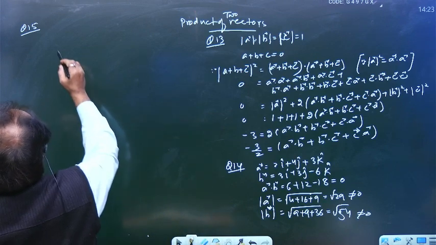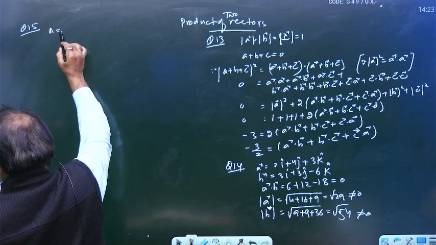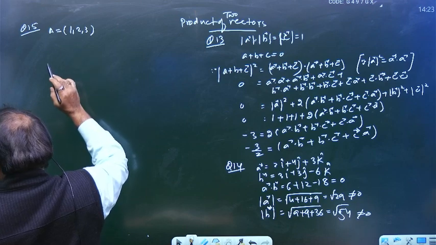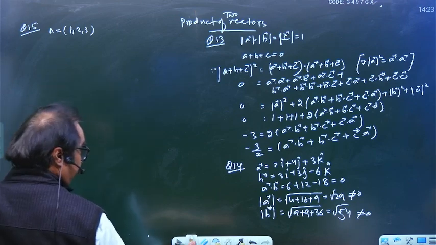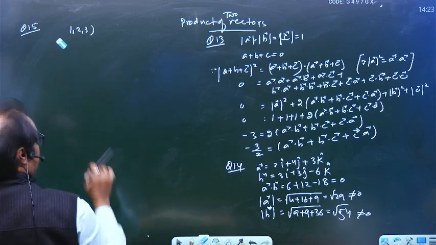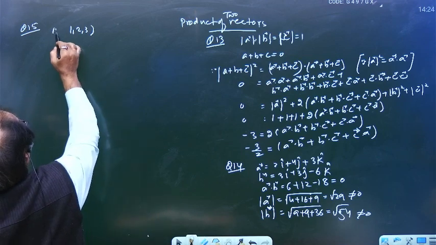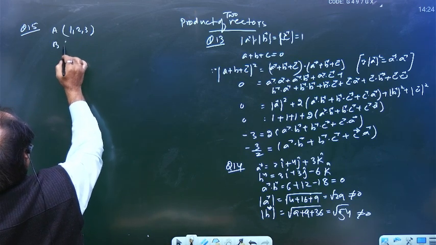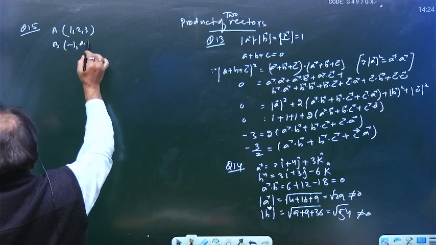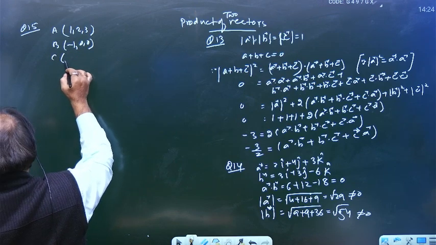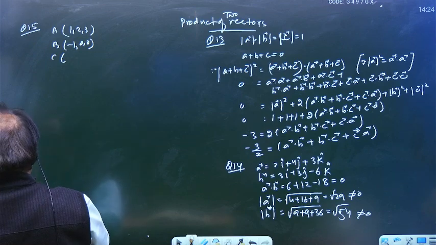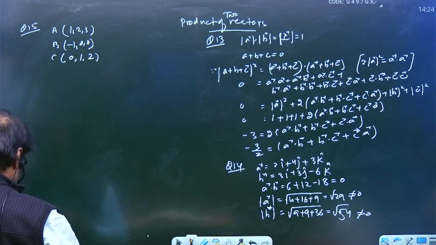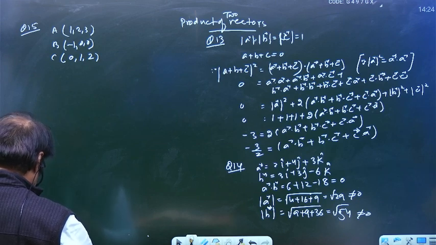Okay. So here the vertex A is given as 1, 2, 3, and B vertex is minus 1, 0, 0, and C vertex is 0, 1, and 2. Okay. Then find the angle ABC.